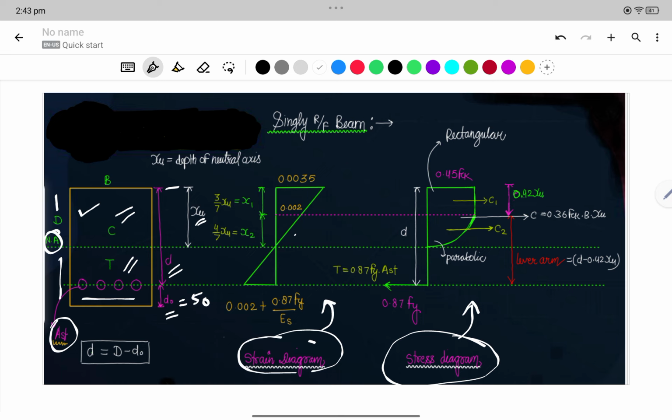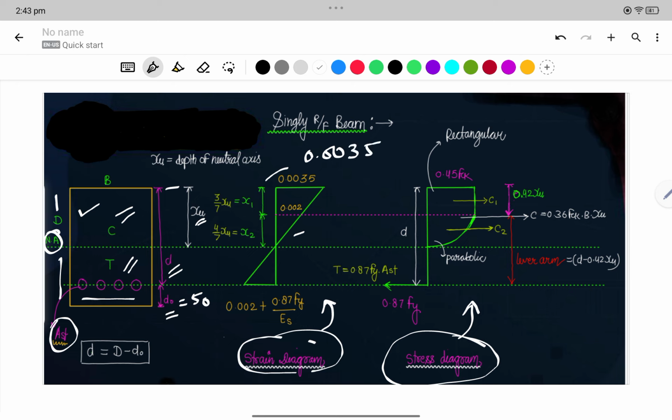Okay, so here you can see this is the strain diagram. So why is it written 0.0035? There are some assumptions in the LSM: that plane section remains plane before and after bending. The second assumption is that the maximum strain in the concrete can reach up to 0.0035.